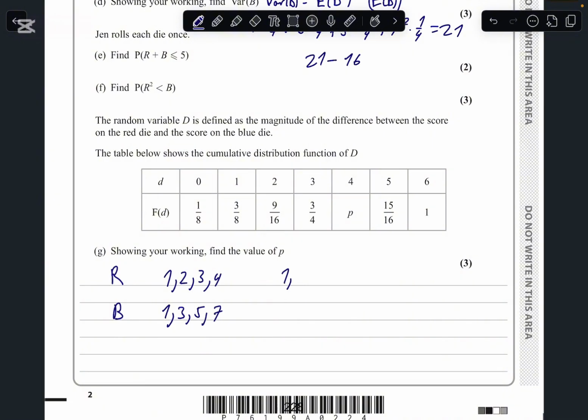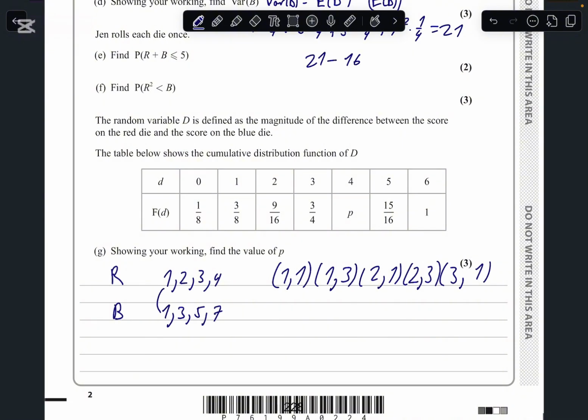So 1 and 1 will be valid. 1 and 3 will be valid. 1 and 5 will be 6, which is not smaller than or equal to 5, so that's not valid. Then 2 and 1 is valid. 2 and 3 is valid. But 2 and 5 is not valid, that's greater than 5. And 3 and 1 is valid.